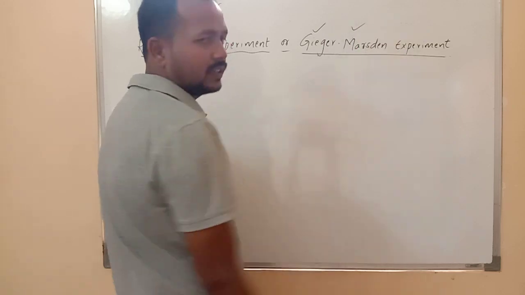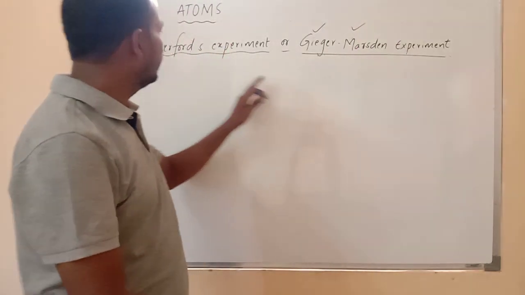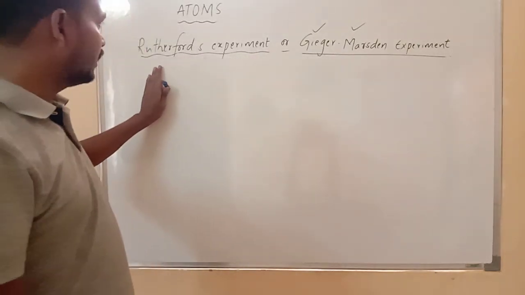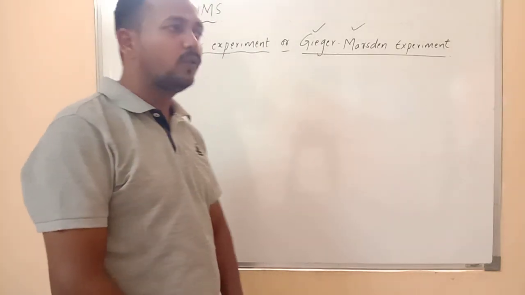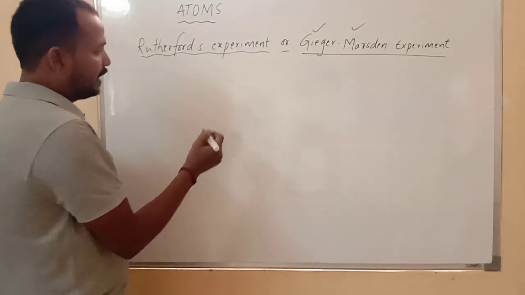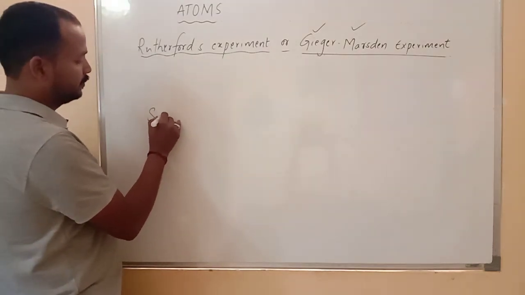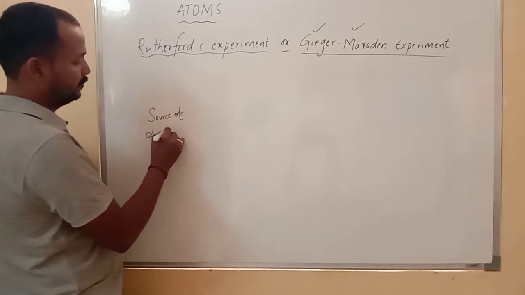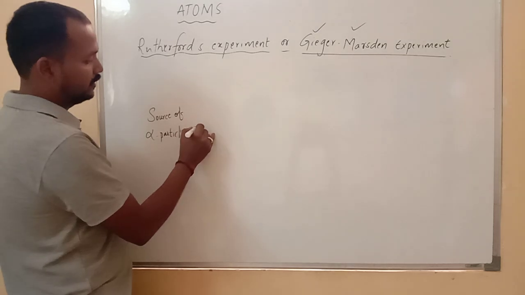Geiger and Marsden are the names of the scientists who were working under Rutherford. These are the lab assistants who were working under Rutherford. Rutherford guided these people to conduct an experiment. What is that experiment? That experiment consists of a source of alpha particles.